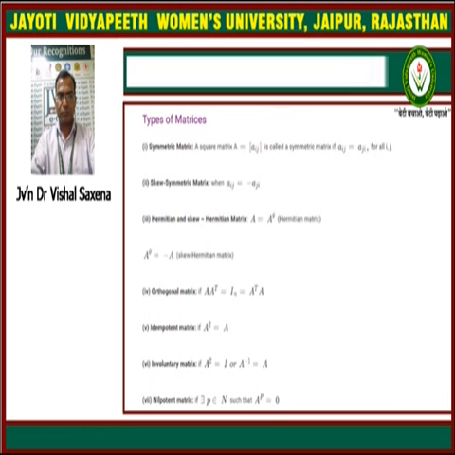This is the definition of the Hermitian matrix, and when A is equal to A theta, that is called the Hermitian matrix.